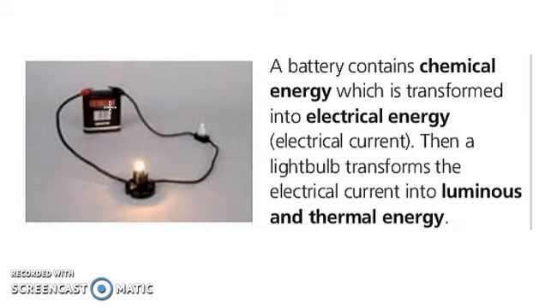This chemical energy is transformed into electrical energy, an electrical current. And then, the light bulb transforms this electrical energy into luminous or electromagnetic energy in the form of light and into thermal energy because it produces heat.